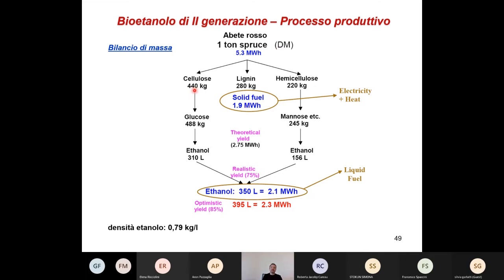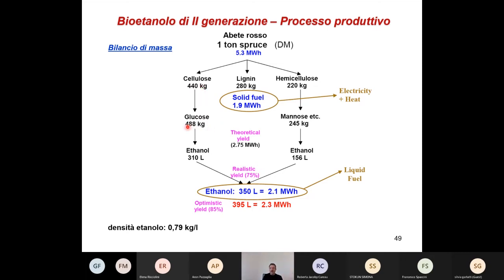Hydrolysis to obtain this quantity of glucose depends on the mass balance. Of course, you are not creating mass, but cellulose reacts with other elements, and so the weight is approximately quite higher in this balance.